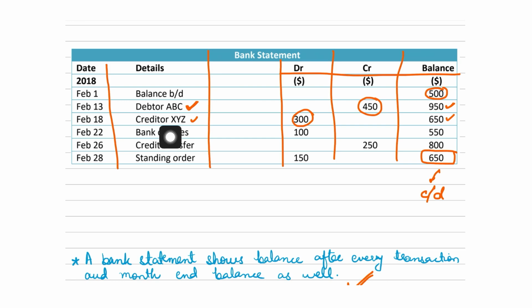Similarly, we are making a payment to a creditor, that is being shown on the debit side of the bank statement. I'm not talking about the cash book, but the bank statement, that is being debited in the bank statement, and it is also decreasing the balance. Shouldn't it increase the balance if it is being debited? And so on and so forth.